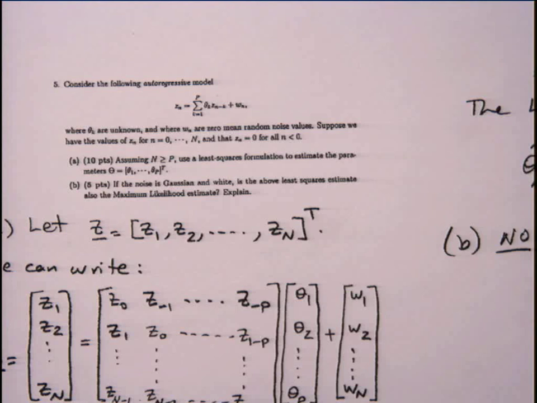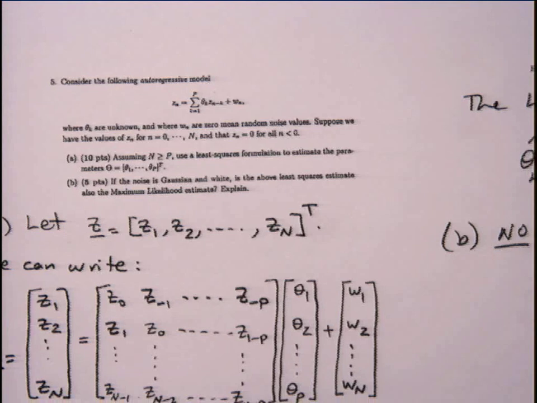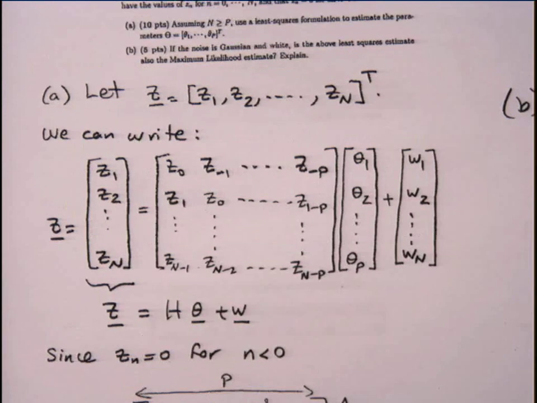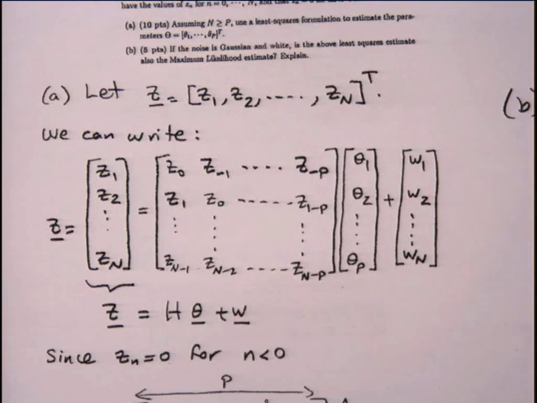So here you have to be a little bit disciplined about the way you write things down. And so the way you write things down is z is a vector that goes from 1 to n. Now remember, we had actually n plus 1 data points, right? So the data went from z0 to zn. Okay? But here I'm defining the z to go from only 1 to n for a very specific reason. If you look at z1, z1 is a linear combination of the z's that came behind it, p of them.